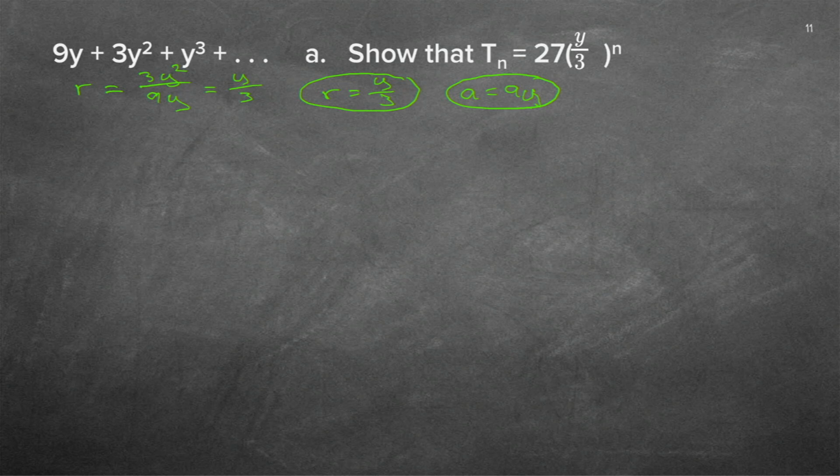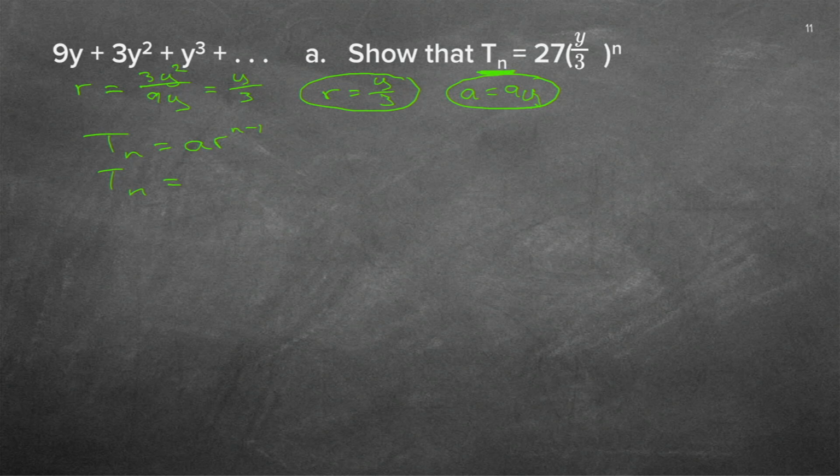Now they say show that Tn is equal to. Now remember, if they say show that Tn, it means I must use my normal T formula. My normal T formula, Tn is AR to the n minus 1. Good. Why is it this one? It's the ratio formula. It's the geometric one. So I'm going to fill in. They want the Tn on the left-hand side because that is what I need to prove there, Tn.